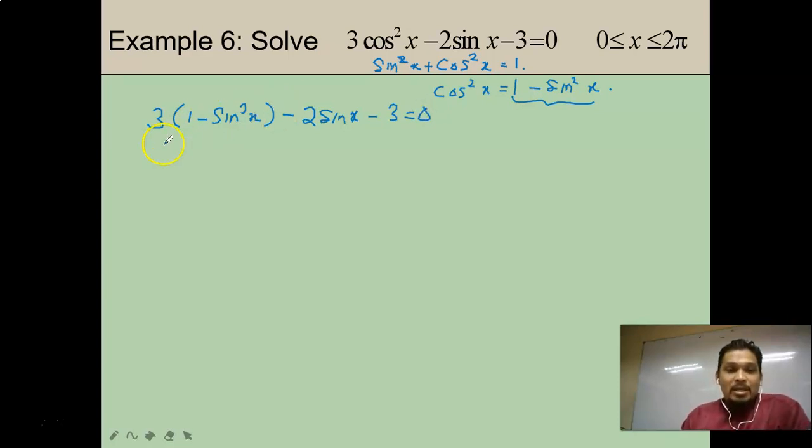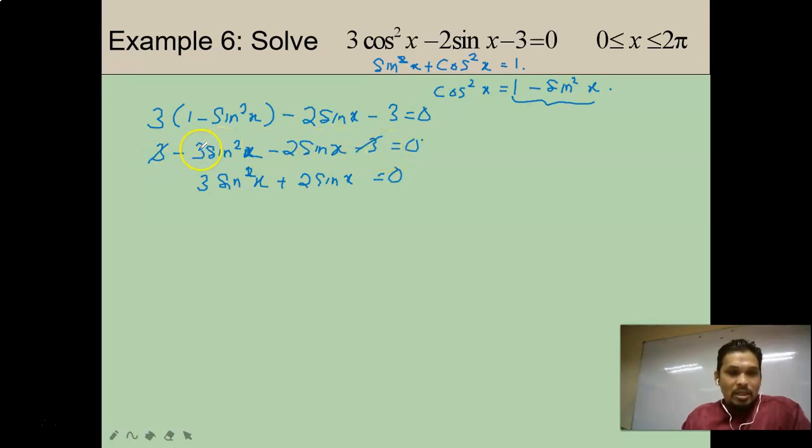Okay, so then here it becomes 3 minus 3 sine square x minus 2 sine x minus 3 equals 0. So 3 minus 3 equals 0.